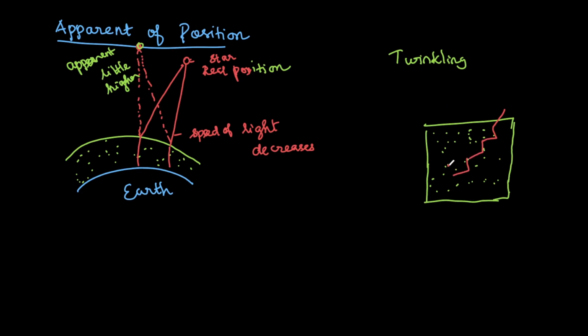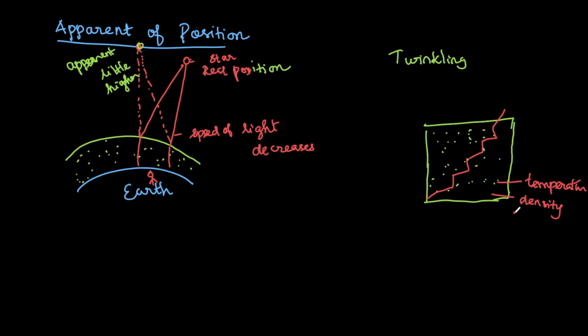The temperature of the atmosphere keeps changing, and the density of the atmosphere also keeps on changing. Because of this fluctuation or atmospheric changes, the light bends many times. The light bends, fluctuates, and reaches the person here on the earth. So he is able to see the twinkling stars. The twinkling effect of stars is because of the continuous refraction.